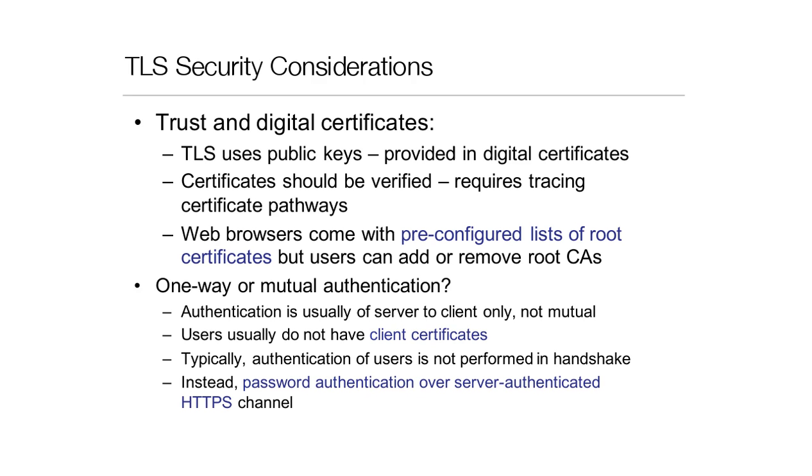And when we talk about authentication, this is one-way authentication most of the time. Usually the server authenticates itself to the client, but it is not mutual authentication. The client is not going to authenticate itself to the server, because most of the time the server doesn't want any authentication of the client.